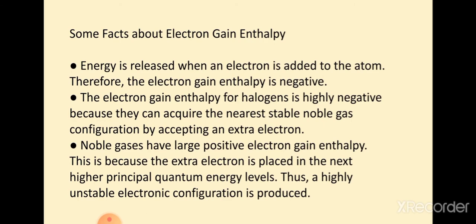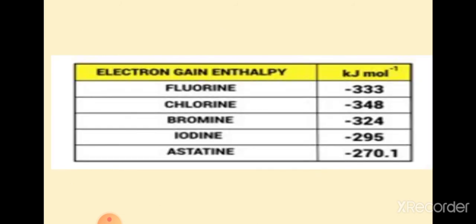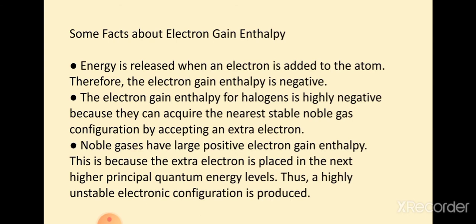The electron gain enthalpy for halogens is highly negative because they can acquire the nearest stable gas configuration by accepting any extra electron. As you know, halogens are one electron less than the noble gas configuration. So as the electron is added to them, they acquire the stable noble gas configuration. So the electron gain enthalpy is highly negative.